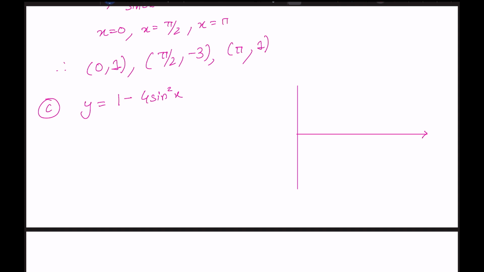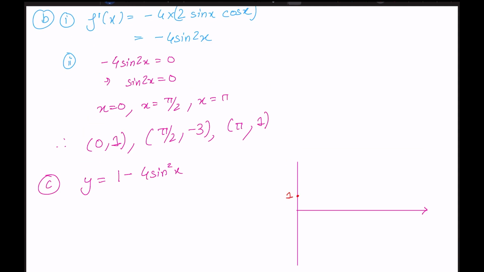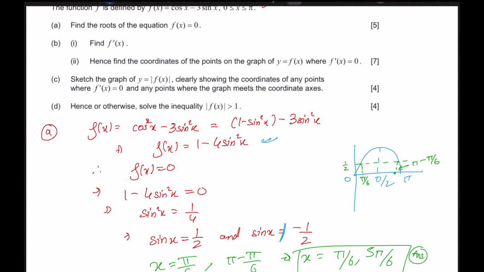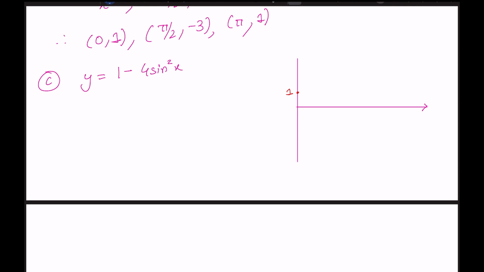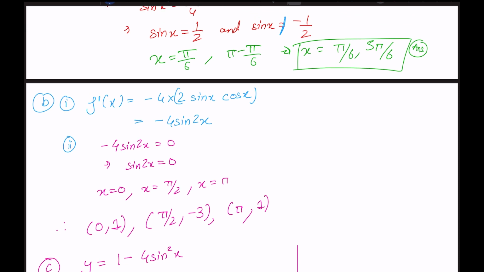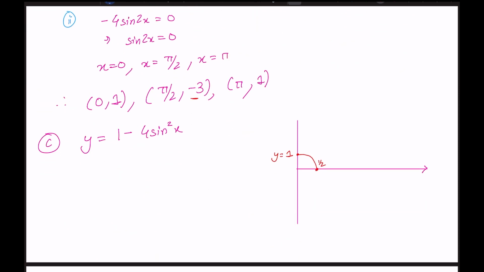So the initial point of this curve will start at 1. After that, this function becomes 0 at x equals pi by 6. After that, it will keep decreasing, and at pi by 2 it will become minus 3.